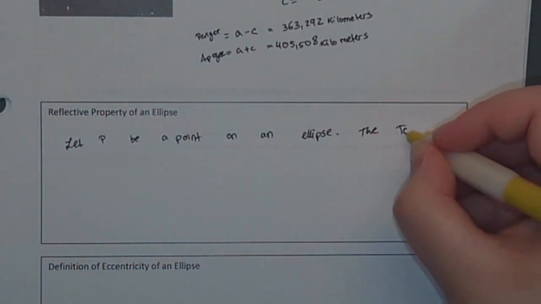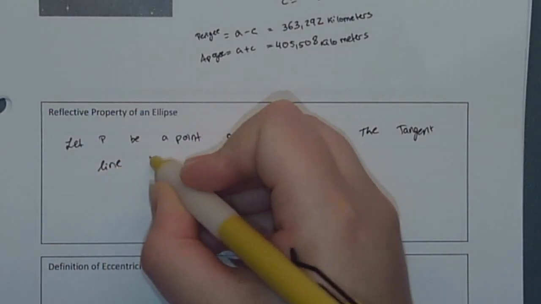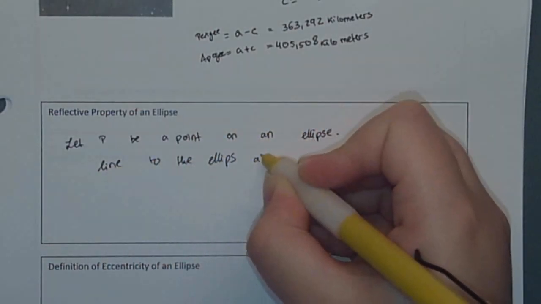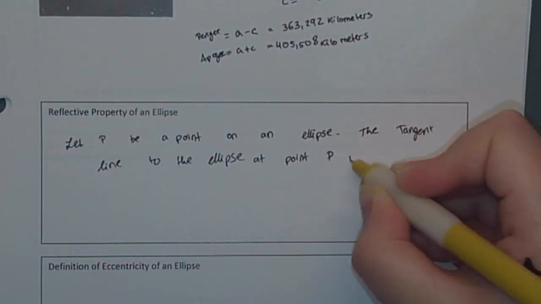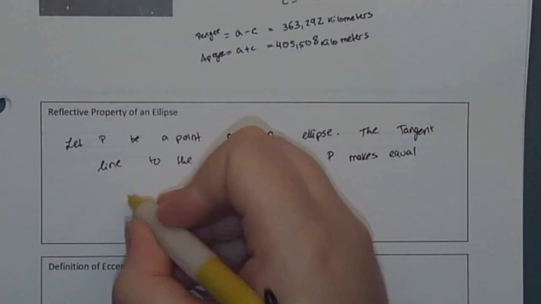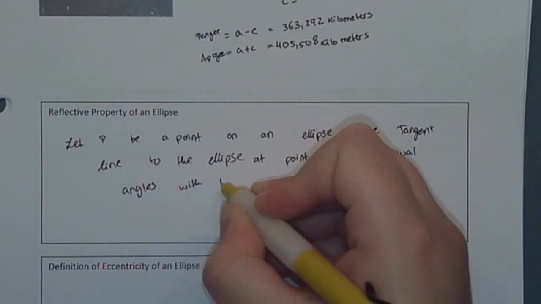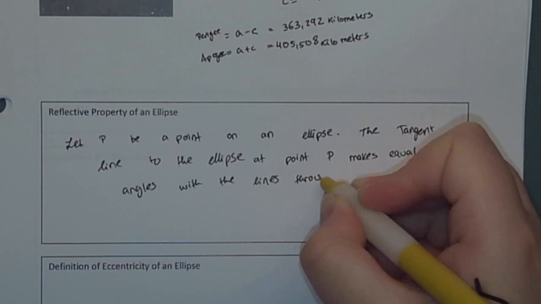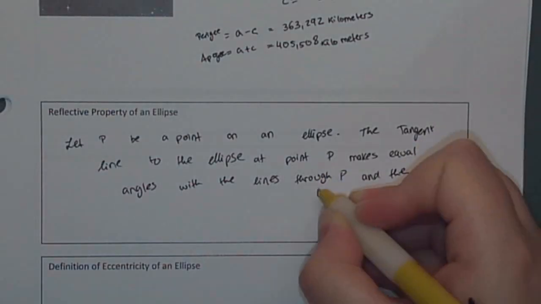The tangent line to the ellipse at point P makes equal angles with the lines through P and the foci.